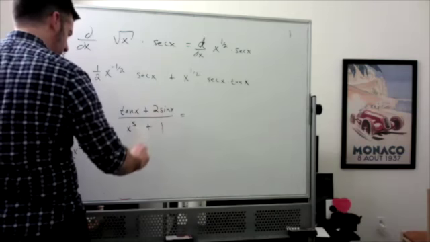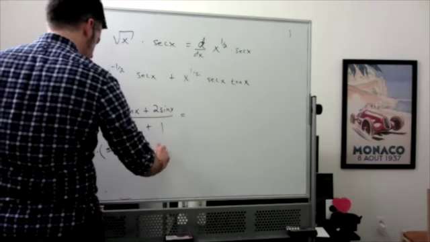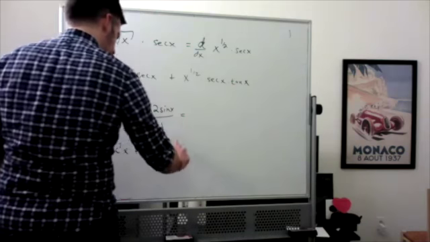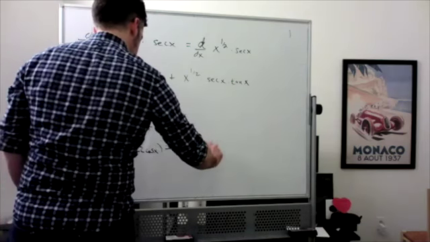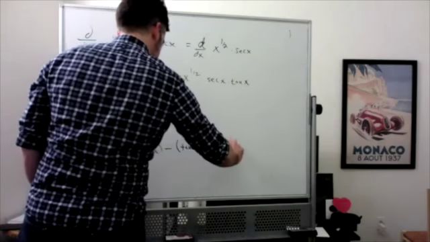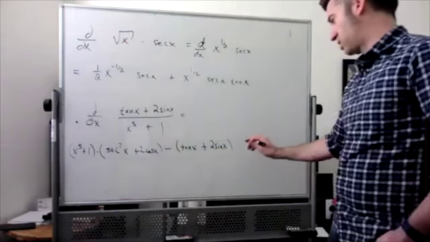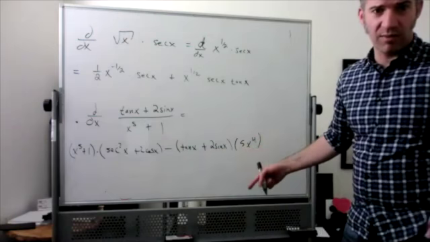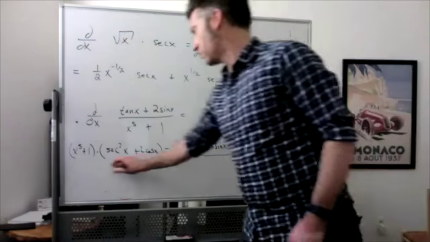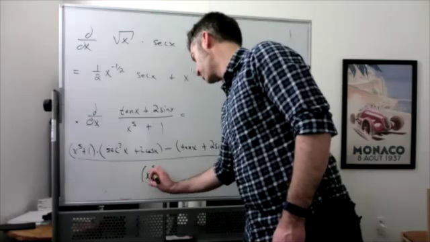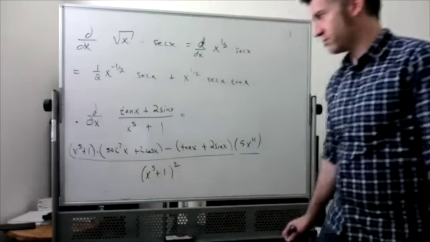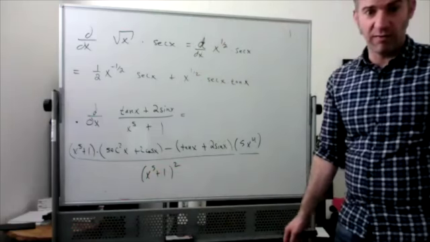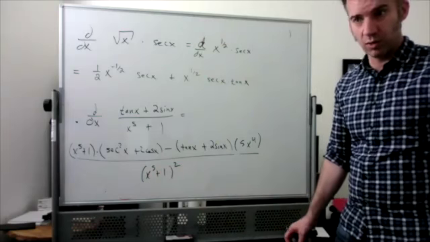The derivative of 2 sine x is 2 cosine x, minus the top, tangent x plus 2 sine x, times the derivative of the bottom, which is just going to be 5x to the 4th. I don't really need the parentheses around there, but they don't hurt. Divided by the denominator squared. So there's the derivative of a somewhat gnarly looking quotient.